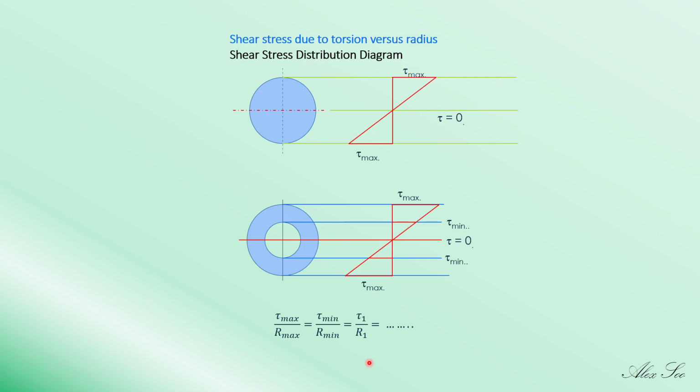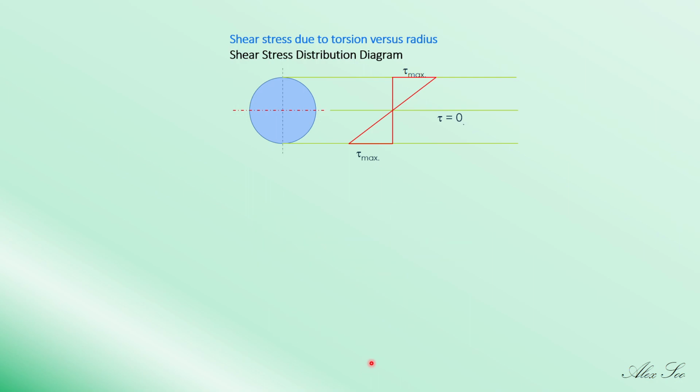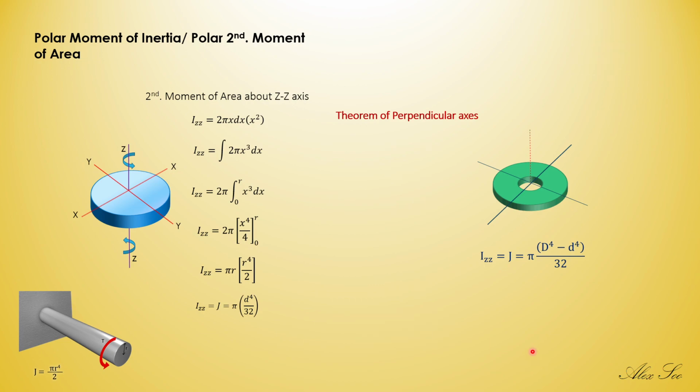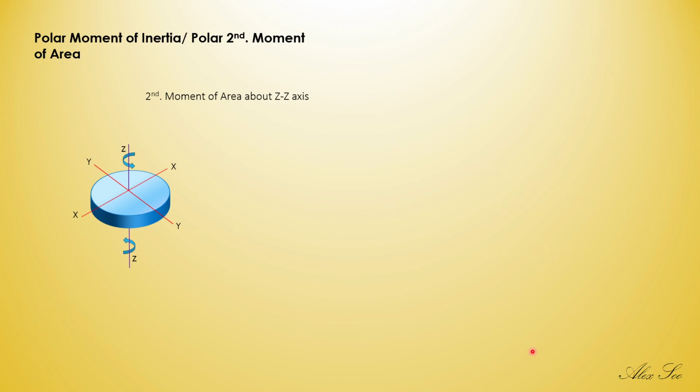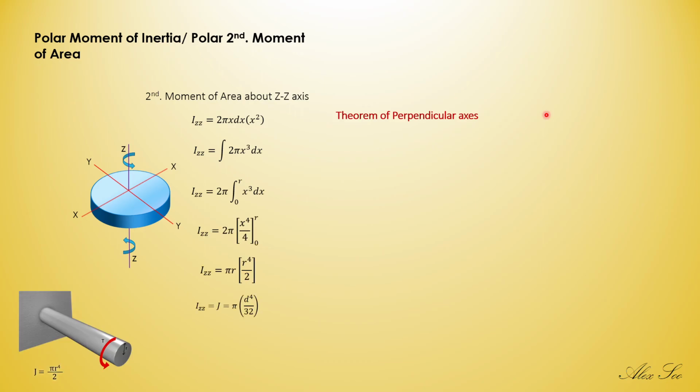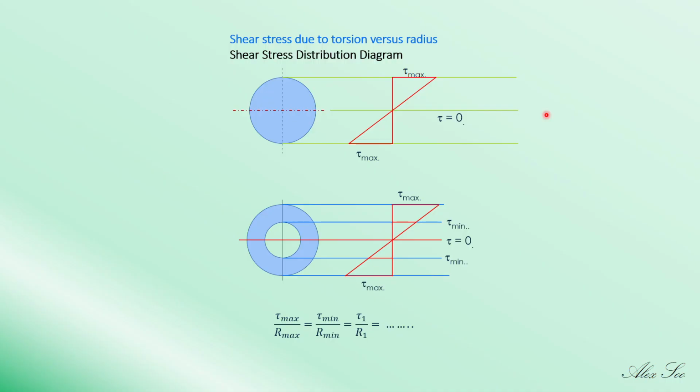Or in other words, you can also say, because this G theta over L is actually a constant. G is a constant. Theta you can consider as constant per unit length. So that is why you can have this equation.